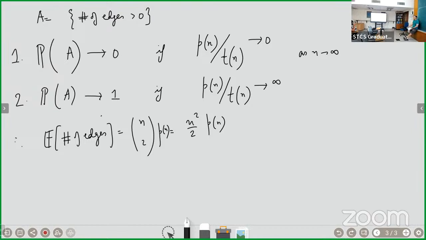With expected number of edges going to 0, what is the probability that A is going to 0? Right, what is the probability of A? It's a positive quantity. So necessarily what has to happen?